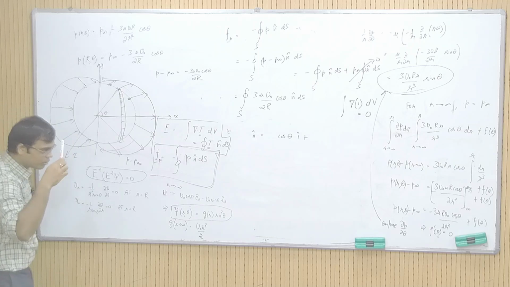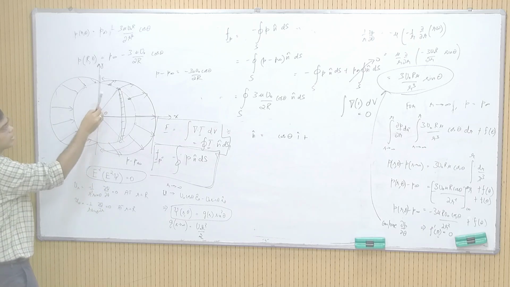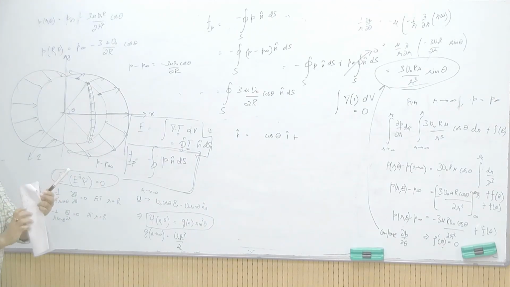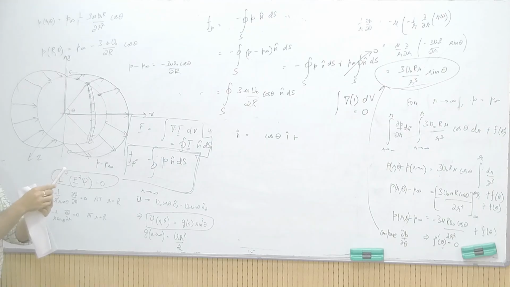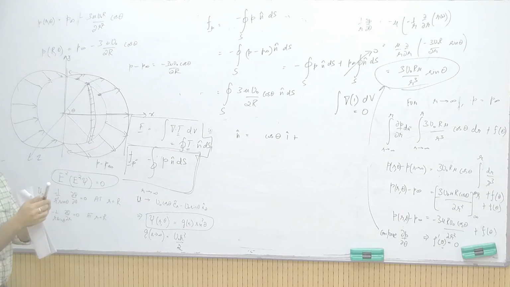If on the ring you are here, then the k cap component of n hat is 0. If you are here, then the j cap component of n hat is 0. There must be something that is changing over the ring, which is changing the components of n hat on j cap and k cap. So on the ring you have an angle phi that we always trace in the spherical coordinates.